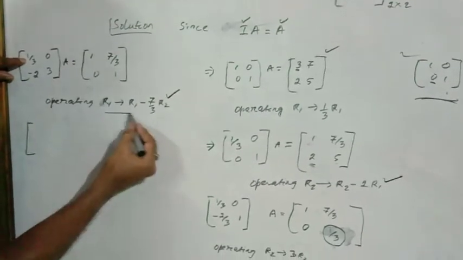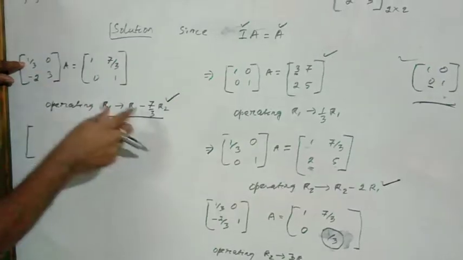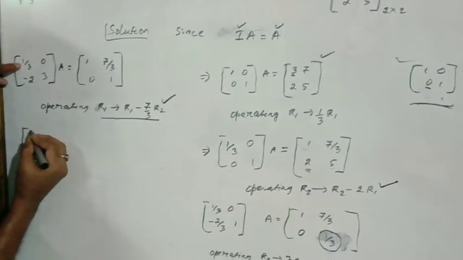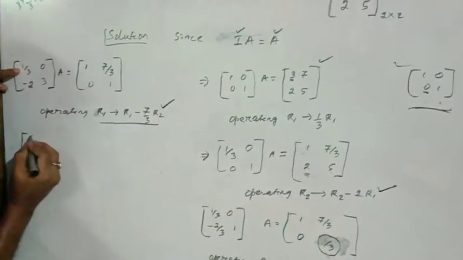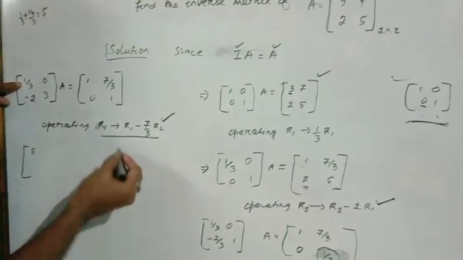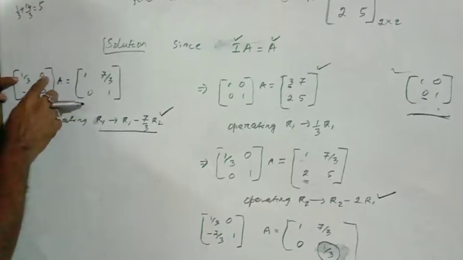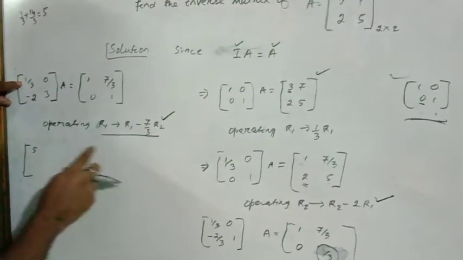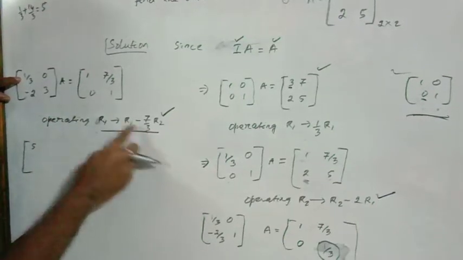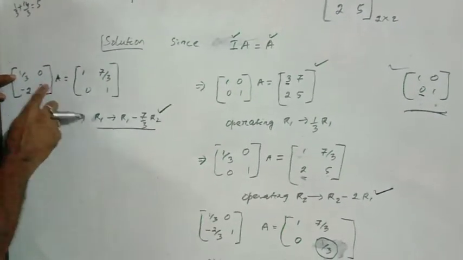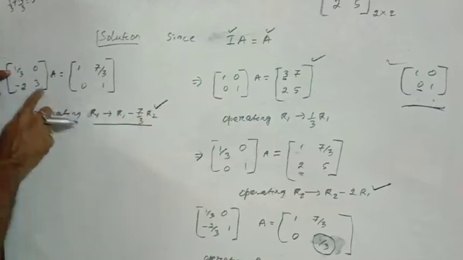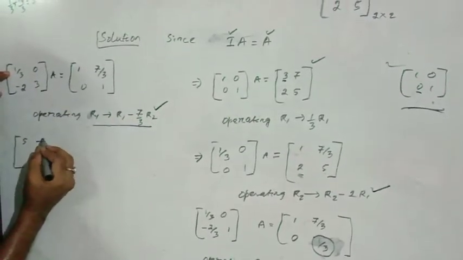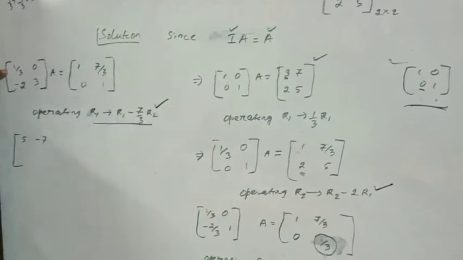On this matrix, here it will be 5 and 0 minus 7 by 3 into 3, so that it will be minus 7.